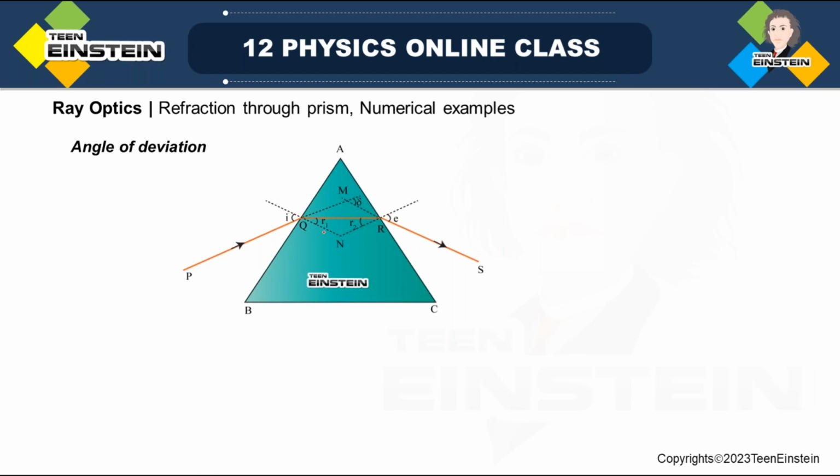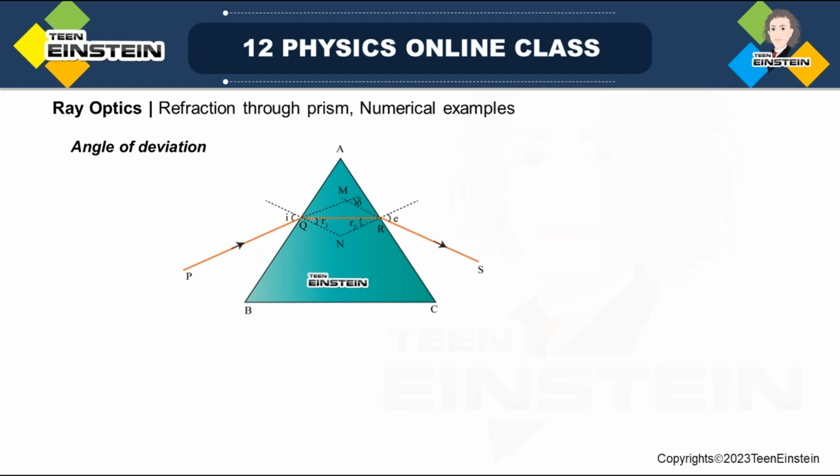This dotted line is the normal to the AB surface, and here this dotted line is the normal to the AC surface. Always the angle of incidence is measured with the perpendicular to the interface, the normal to the interface. That is what is done here.